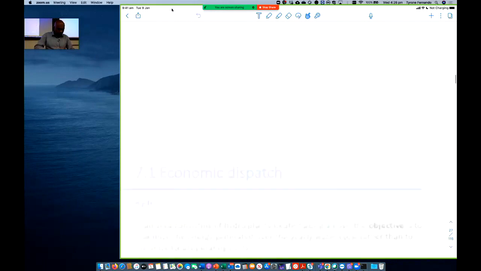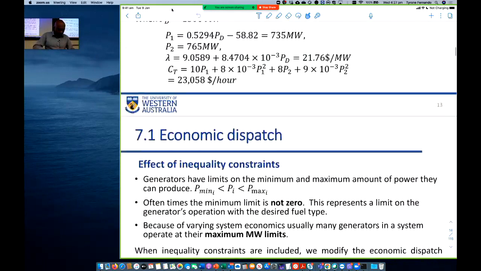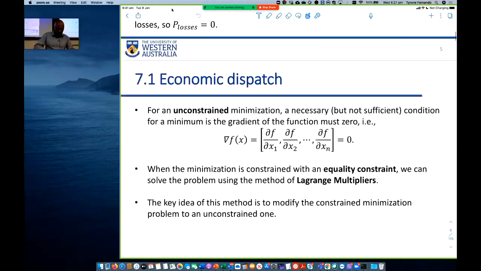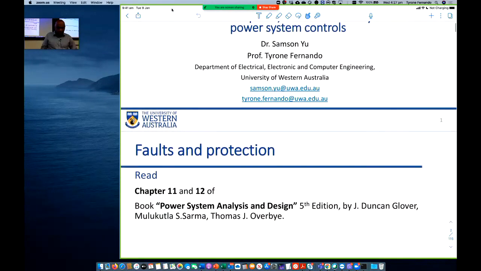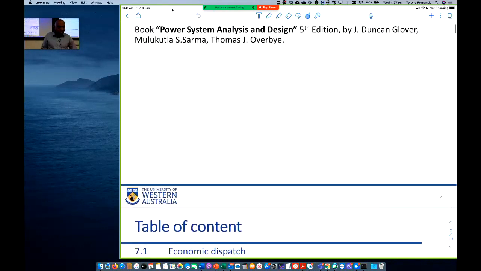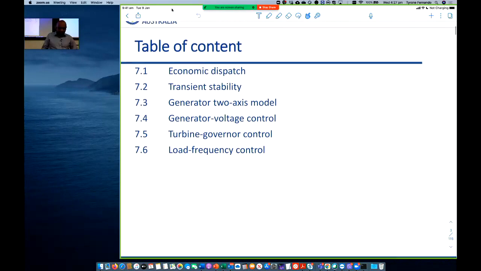It's a long chapter, on economic dispatch, transient stability, and power systems control. Right? So it's a long chapter. So I intend to cover economic dispatch today, and then after that we have 2 more lectures to go.